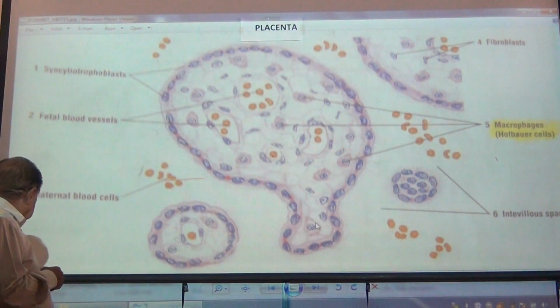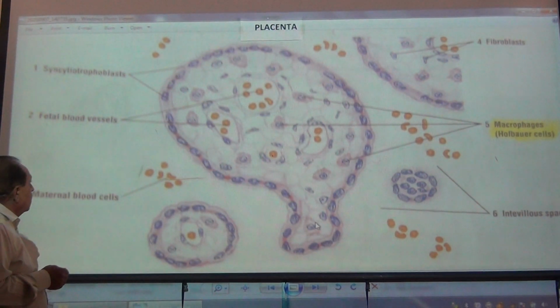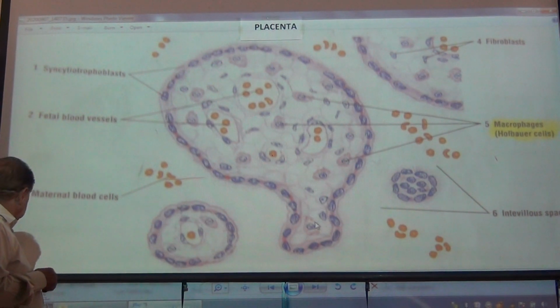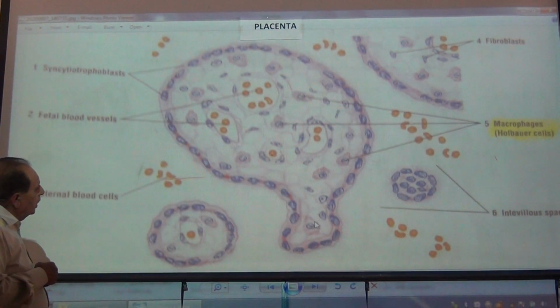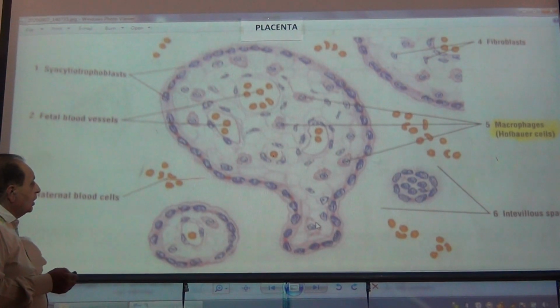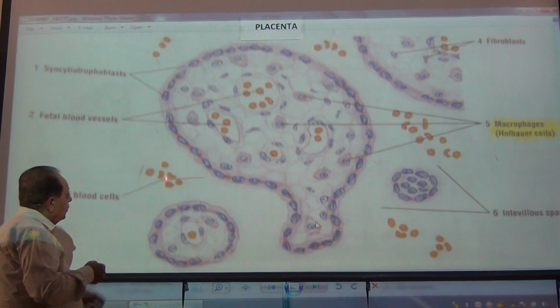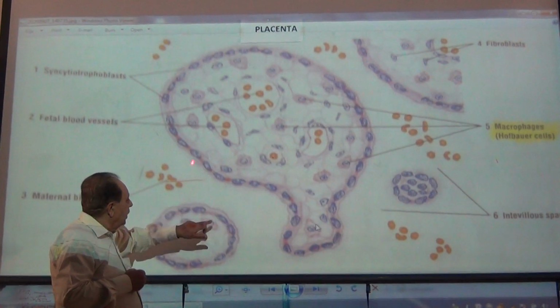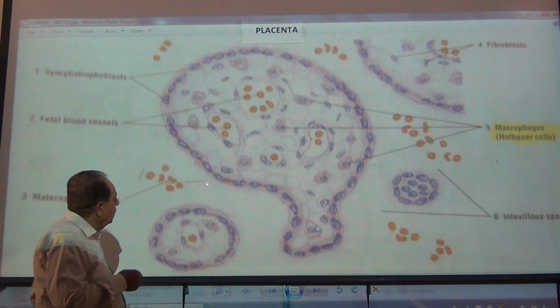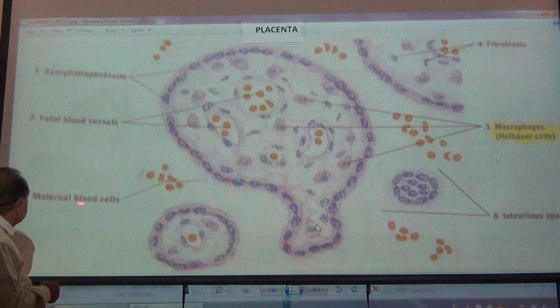Then, from fetal blood to maternal blood pass carbon dioxide. Now, in between the two villi is the intervillous space, and this space contains the maternal blood.